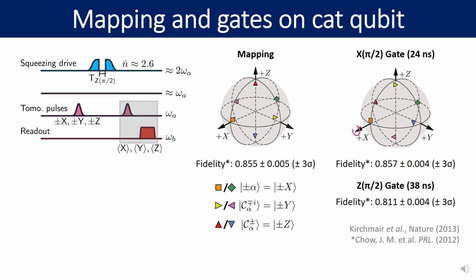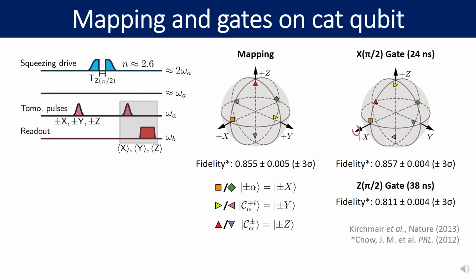We implement this experiment and we find a fidelity of about 81%, and the fidelity reduction here with respect to the other fidelities is just due to the fact that we have some experimental limitation in how quickly and for what exact time we can switch off this squeezing drive, which is basically limited by the sampling rate of our experimental system.